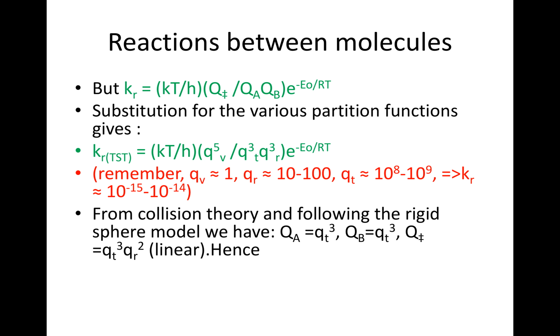From collision theory and following the rigid sphere model, we have Q_A equal to Q_T cubed, Q_B equal to Q_T cubed, and Q‡ equal to Q_T cubed Q_R squared, linear. Hence, k_CT is equal to k_T over h, Q_R squared over Q_T cubed, e to the minus E_0 over RT.